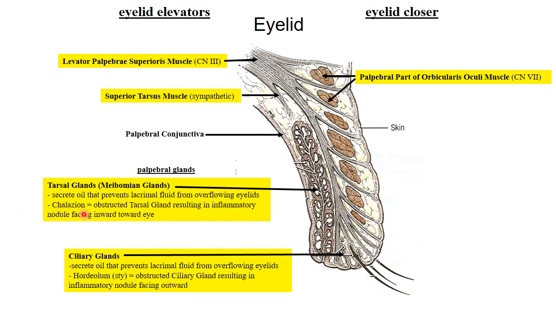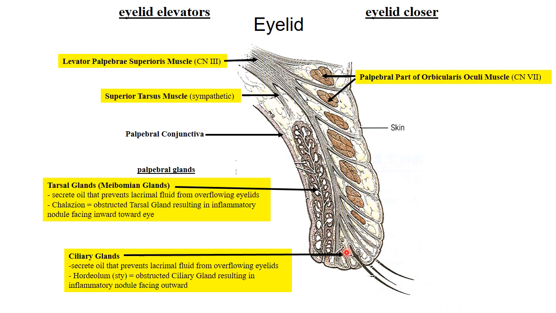And a chalasion basically is a little inflammatory nodule that's going to face inward towards the eye. And so these things are really uncomfortable because as you move your eyelid up and down, this chalasion is basically dragging along the surface of your sclera, which is an uncomfortable sensation. So these are very unpleasant, chalasia, but that's basically an inflamed tarsal gland.